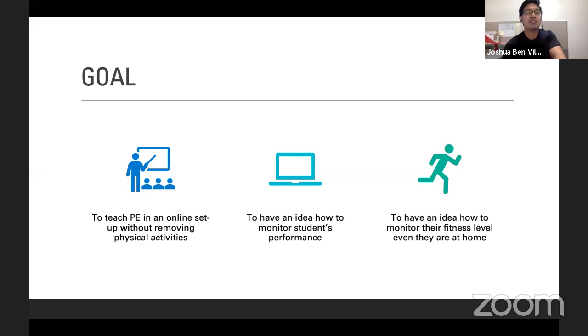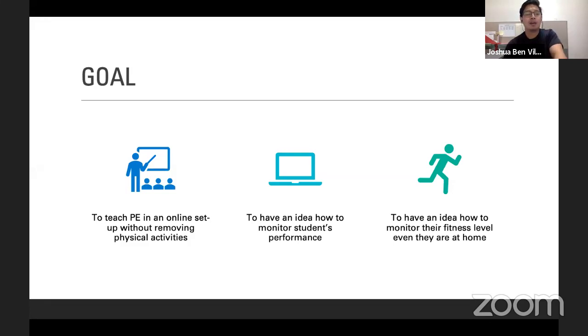So feedbacking is very important. How can we monitor if the students are doing it right? And how can we monitor if the students are already getting it, to see the improvement? And the third one is to have an idea to monitor their fitness level, even when they're at home.